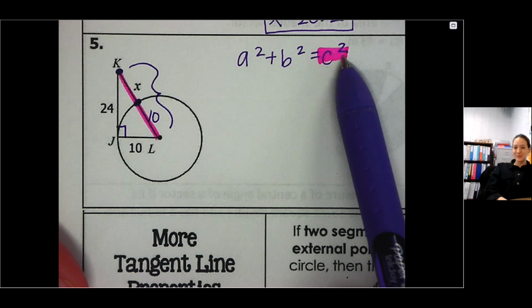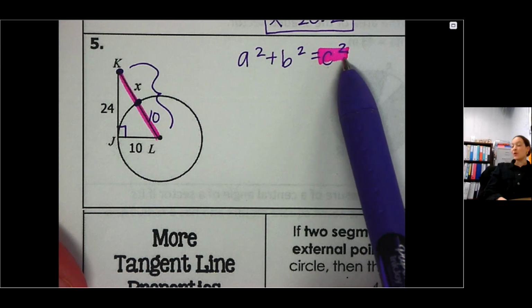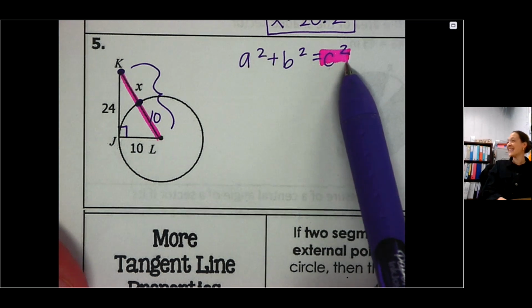X plus 10 times X plus 10. You're going to have to do FOIL, and then some factoring. Do you want to do that? Would you like to do it an easier way?